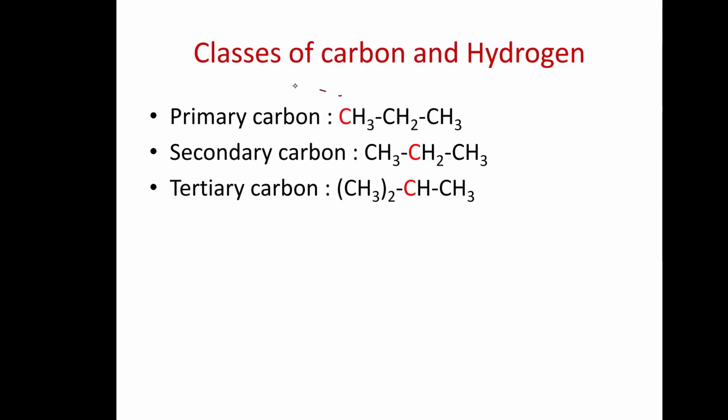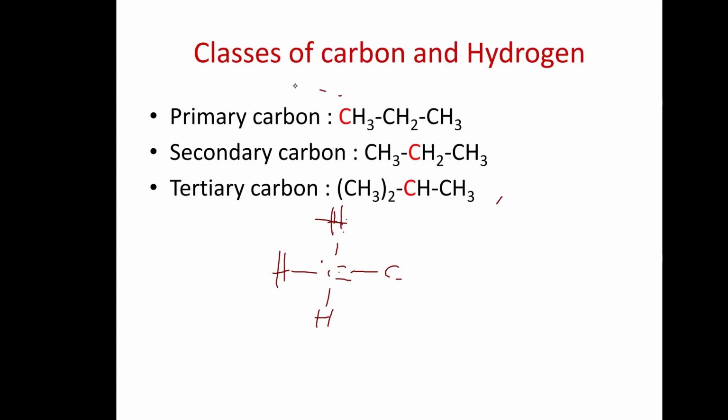If you open up this structure, you will see that we have a carbon like this that is directly bound to this carbon, and then we have free hydrogens here, another free hydrogen, then another. So this carbon here is directly bound to only one carbon.